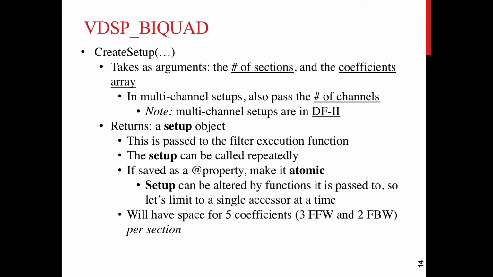So just like the FFT, we're going to create a setup first. This is something you should do anytime you set or reset your buffer size, most likely. It takes in arguments. It needs to know how many sections there are, and it wants to know what the gain values of your coefficients are. We're going to look at single channel, but in multi-channel, you also pass in the number of channels. And those are actually done in direct form 2, which is a transformation of direct form 1.